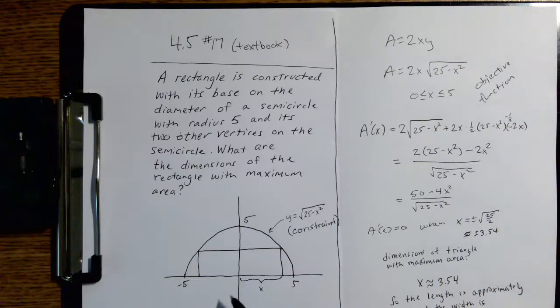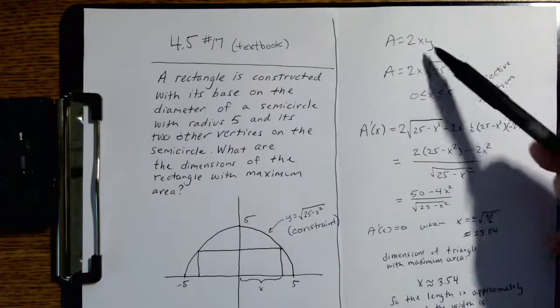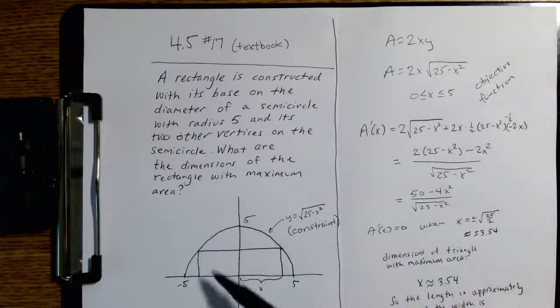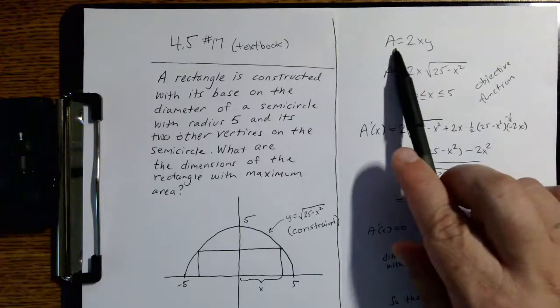So we'll keep in mind that x is not the entire length, it's half the length. Okay, so with that in mind, and you might, by the way, use different variables, you might label things differently. As long as you're doing it correctly, you'll get to the same answer, even if the work might look a little bit different based on how you set things up.